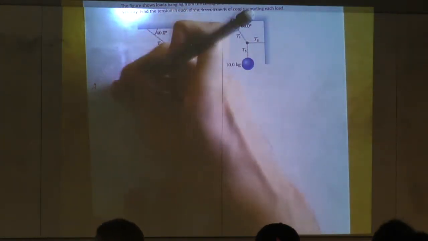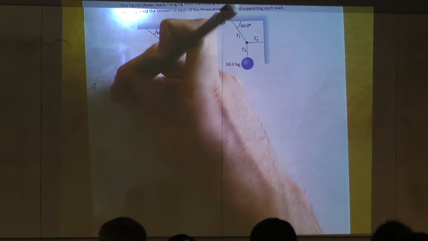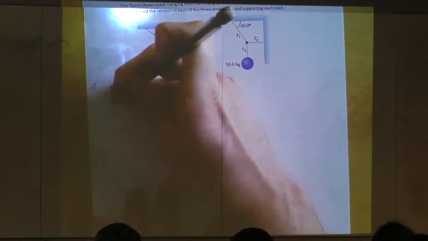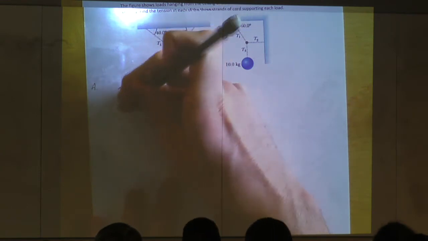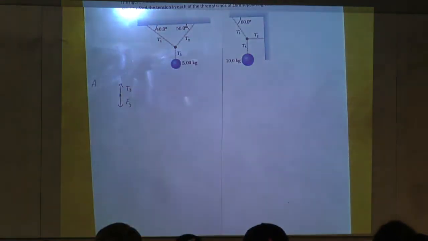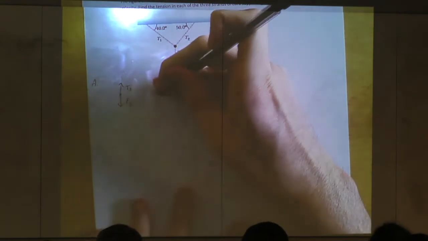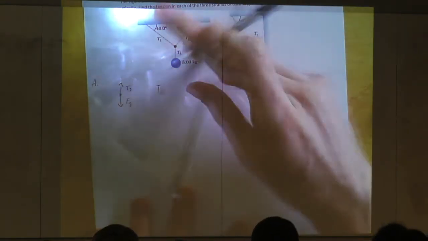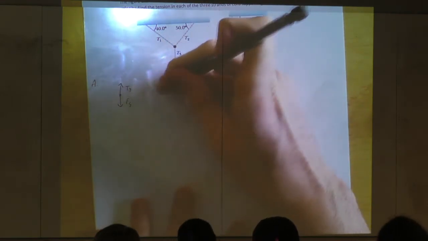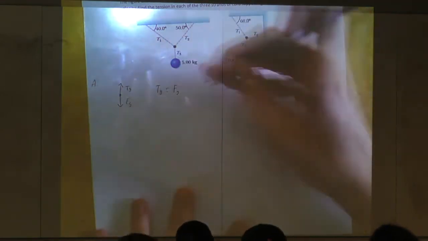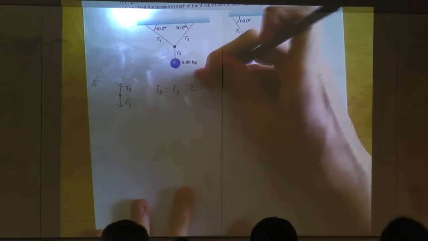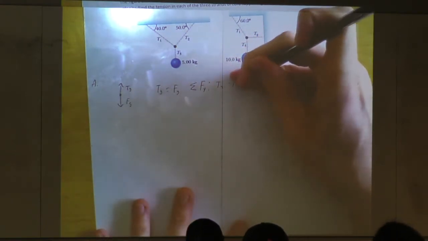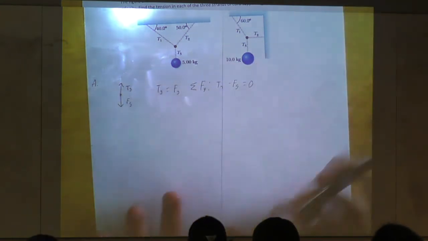So if I did a free body diagram at the ball itself, tension is the only thing pulling it up, and gravity is the only thing pulling it down. So because of that, I can say T3 is equal to the force of gravity. Just to write it out really quickly, sum of forces in y, T3 minus Fg.